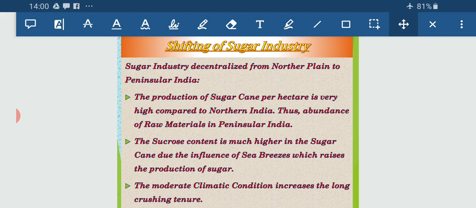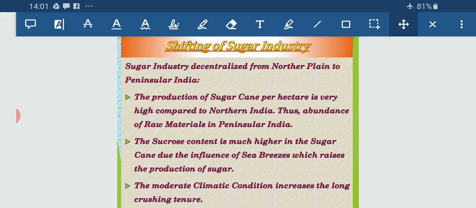As a result, the laborers or the farmers are entirely engaged with the production of sugarcane. That is the main reason they are concentrating more on sugarcane. In the northern plain region, or northern India, the alluvial soil gives the best results for wheat, paddy and other crops too.